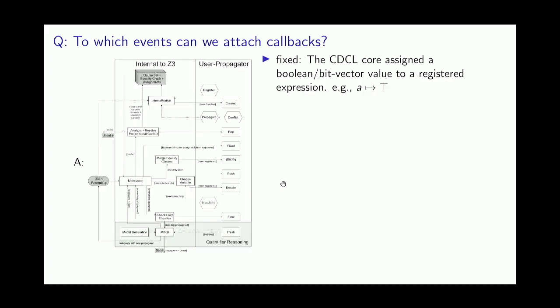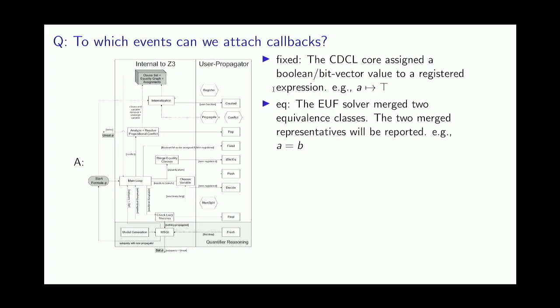But the most interesting part in the user propagator is, of course, the callbacks we can attach. And here we have this fancy picture Nikolaj presented in the morning at the Popper Tutorial Fest. The most important callback is the so-called fixed callback that is invoked every time a registered Boolean or bit vector expression is assigned to a Boolean or bit vector value.